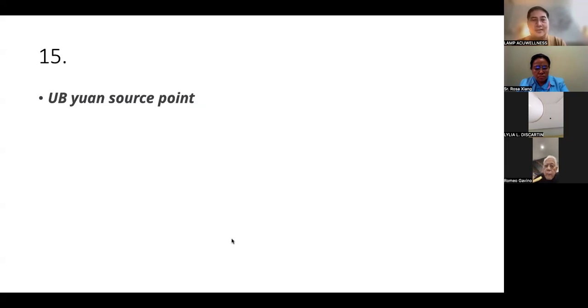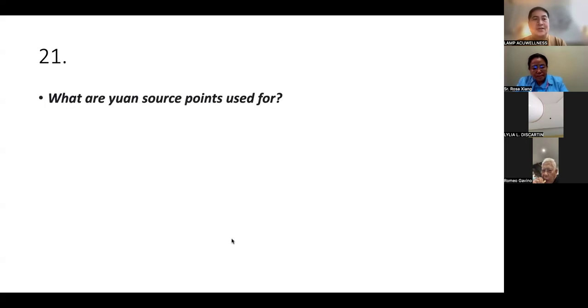UB: UB64. Kidney: Kidney 3. PC: PC7. SJ: Sanjiao 4. They have the same, no? SI4, SJ4. Gallbladder: GB40. Liver: Liver 3.